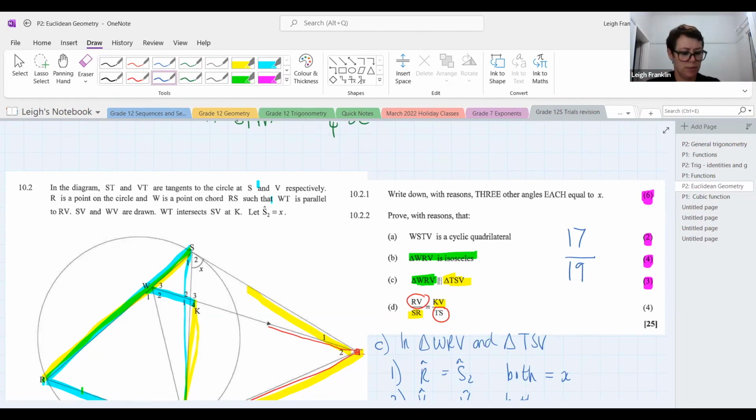Hang on. 6 plus 2 plus 4 plus 3 is 15, plus 4 is 19. Okay, so I was correct in the beginning. It's 19 marks.